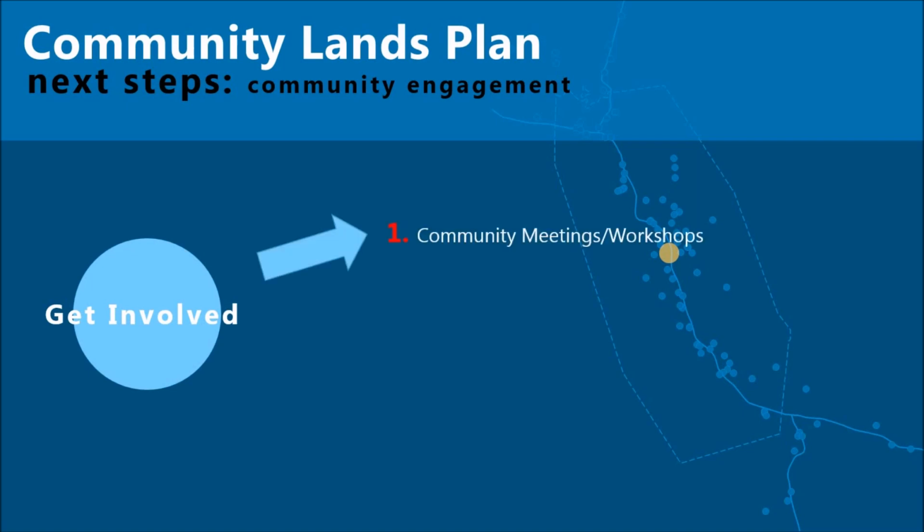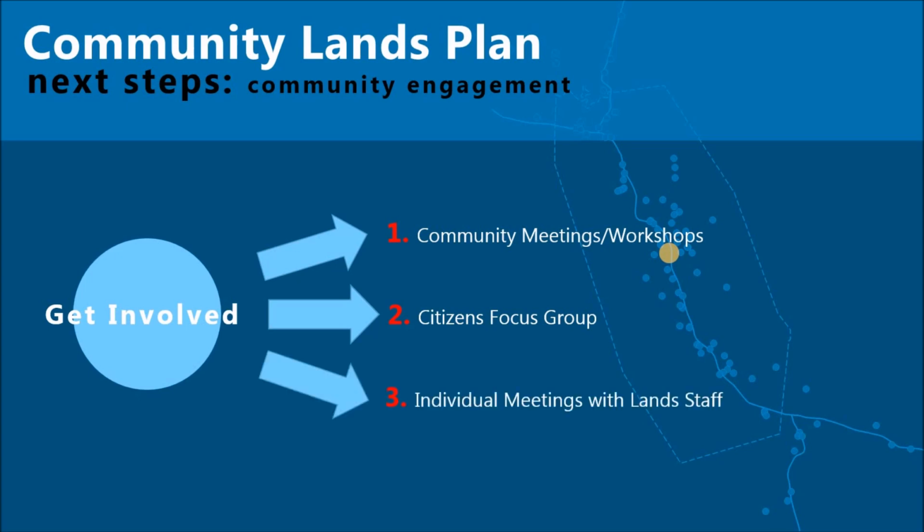So how can you get involved? We'll have community meetings and workshops. We're going to try and set up a focus group of citizens who will provide input over the next few months into this process. And we're going to be holding individual meetings with citizens. So those are the three main ways that people can get involved.